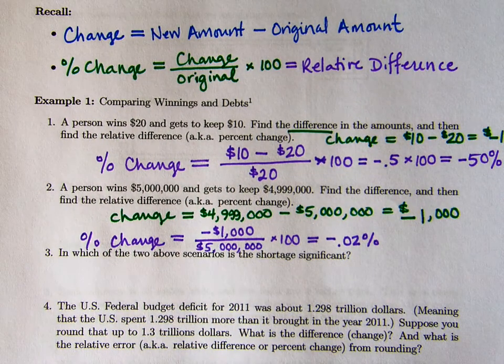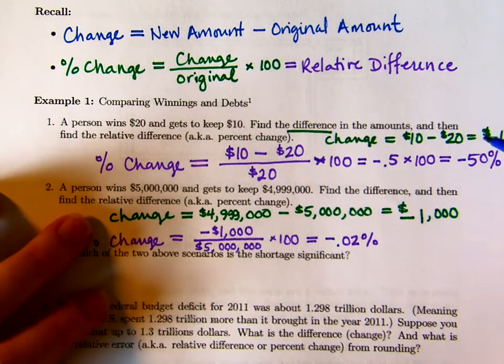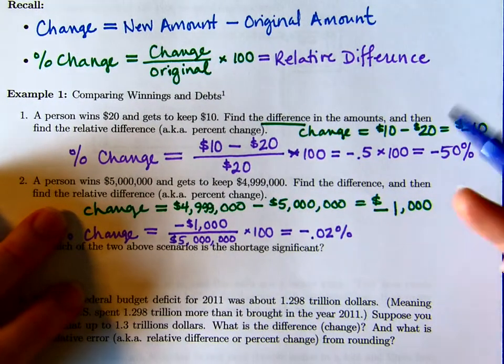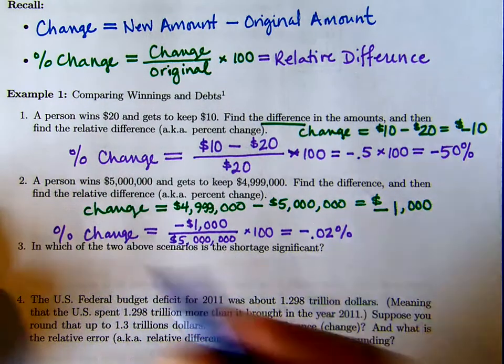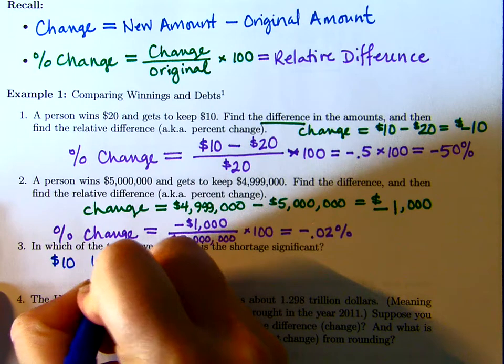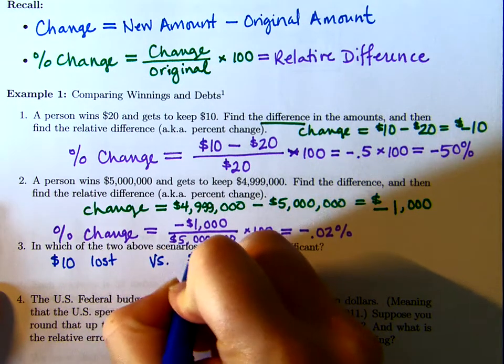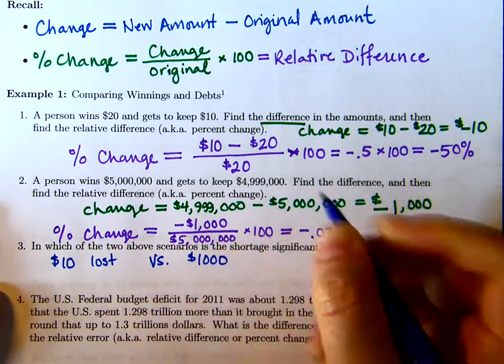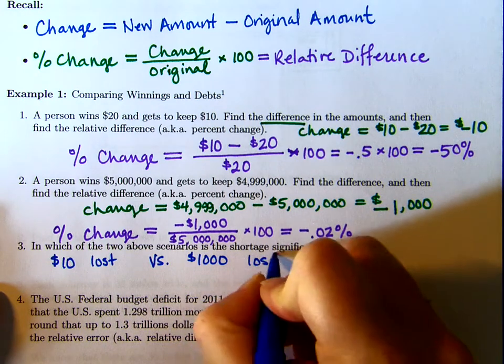In which one is the shortage significant? So when I look at the actual change, $10 lost versus $1,000 lost.